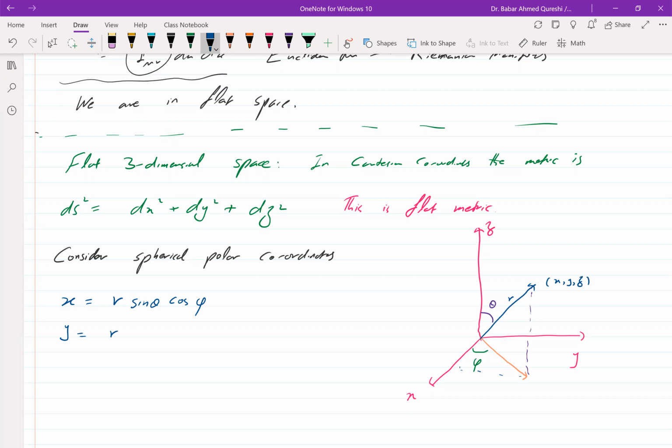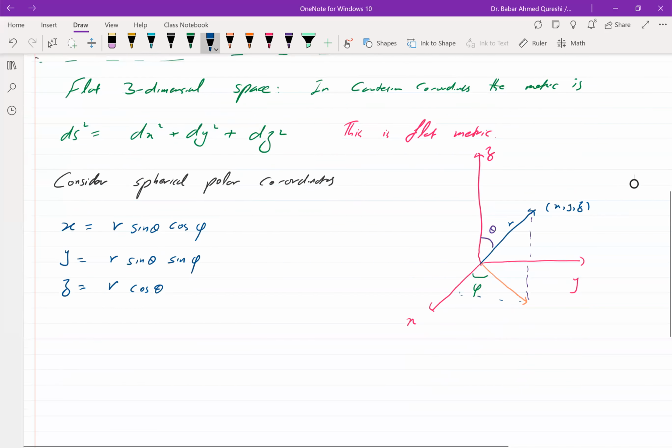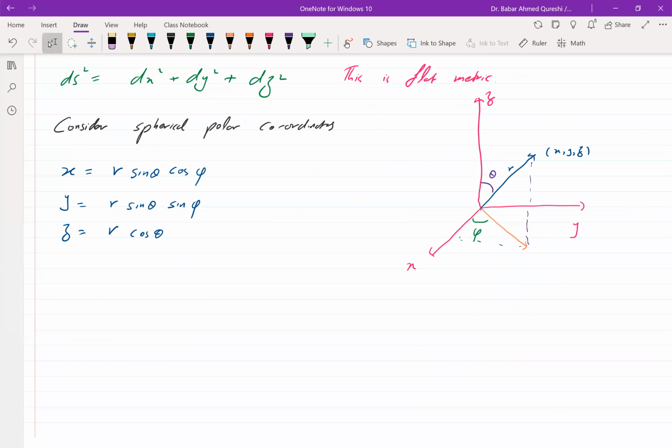And y is again r sine theta times sine phi. And z is simply the projection of this vector onto the z-axis, so that is r cosine theta. So this is the change of coordinates, and I want to write the metric in this new coordinate system.